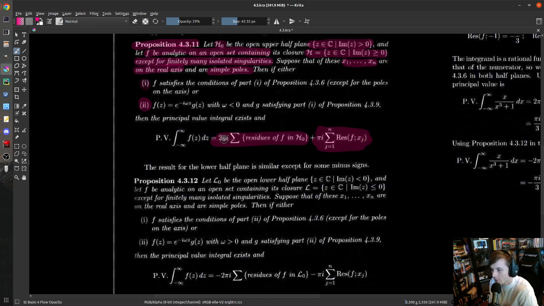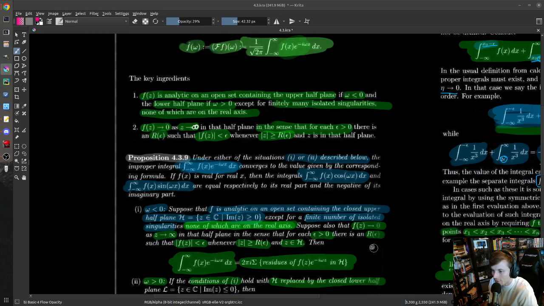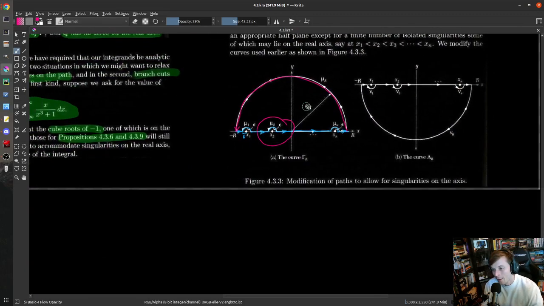So notice the other ones get the 2 pi i's. This is the easy way to think of it. If you look at the picture, it's the easy way to remember it. All of the residues in the open upper half plane, you could put a full circle around and stay inside of this thing. While all of the ones on the real axis, you can only put a half circle around and stay in the upper half plane. So they only contribute half as much, because they're only half in the upper half plane.